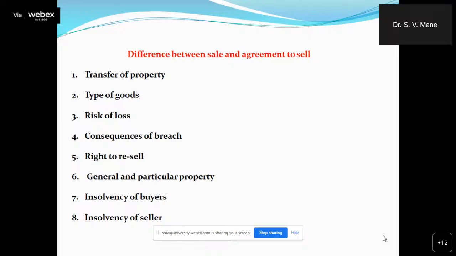It happens in the case of sale. But in case of agreement to sell, the transfer of property in the goods is to take place at a future time or subject to certain conditions to be fulfilled. Sale is an executed contract and agreement to sell is an executory contract.